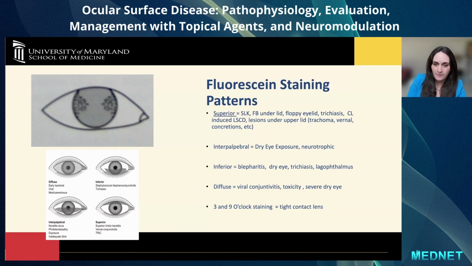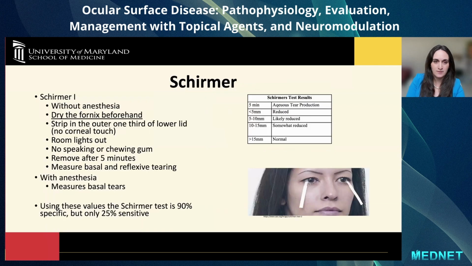If there's more staining inferiorly, you want to think about blepharitis, dry eye, and if there's diffuse staining, you can think about viral or toxic, so medication-induced, or severe dry eye disease. And then you can obviously also use fluorescein staining for contact lens evaluation.